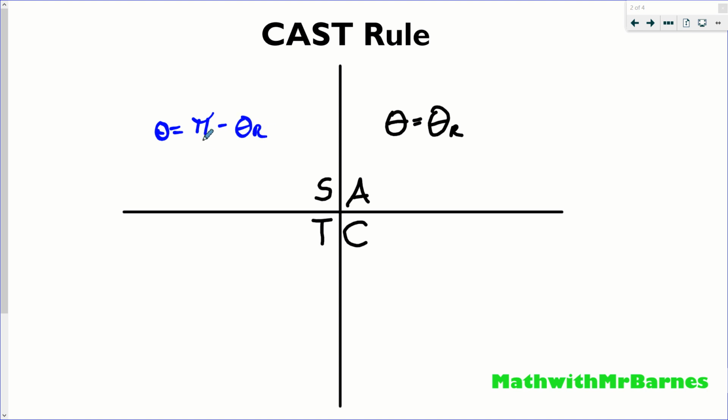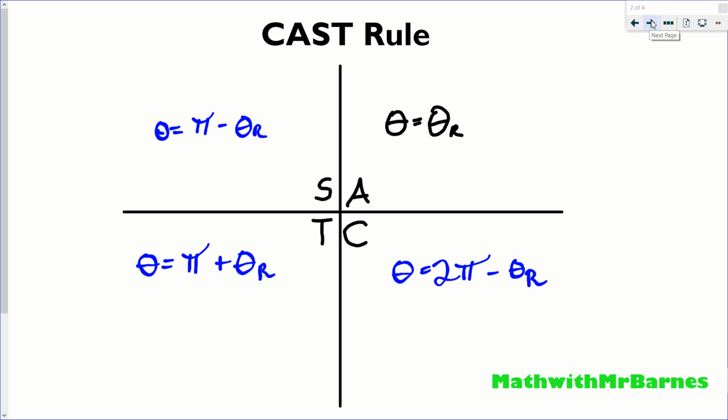You might be used to seeing that as 180, but we're working in radians, so pi is the same as 180. In quadrant 3, it's pi plus theta r. And in quadrant 4, theta is equal to 2 pi minus theta r. If you're doing a test, this is definitely worth studying. Now that we know this, our goal is to find the reference angle first, so then we can figure out what's going on in all the other quadrants.